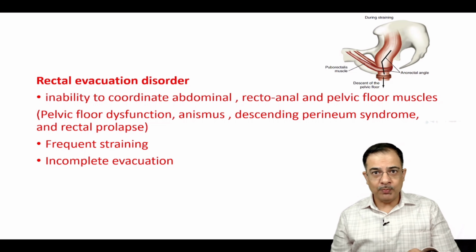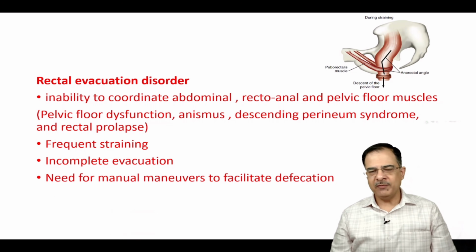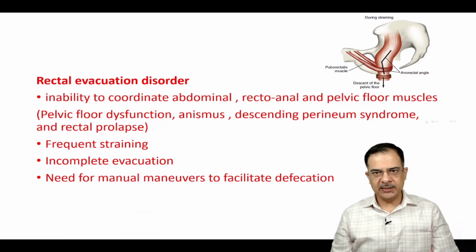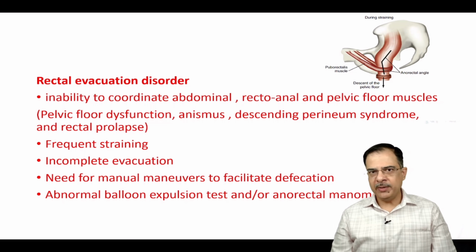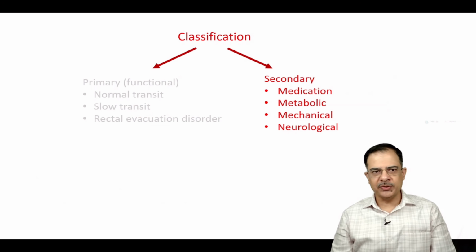They respond to biofeedback. So the treatment will be different in these patients, and the patient will tell you he needs fingers to take out the stools. There will be an abnormal balloon expulsion test or abnormal anorectal manometry studies.